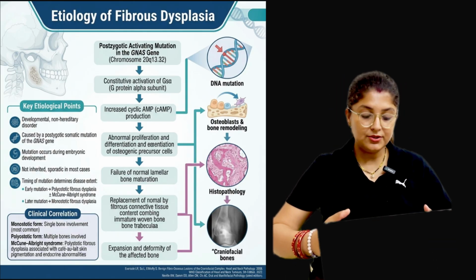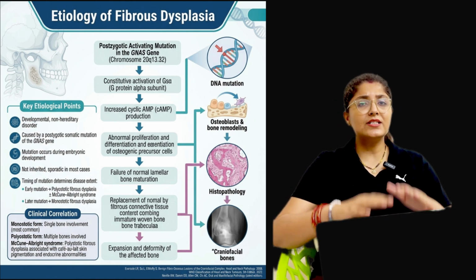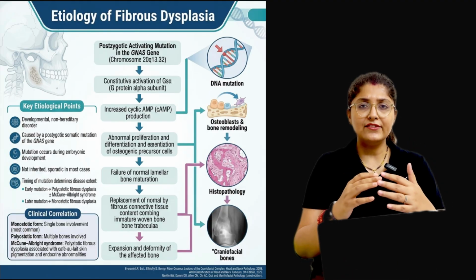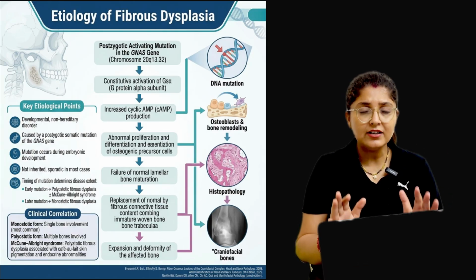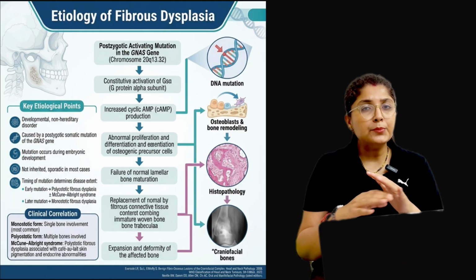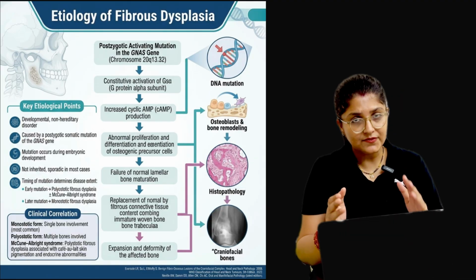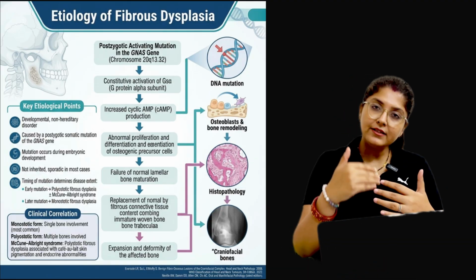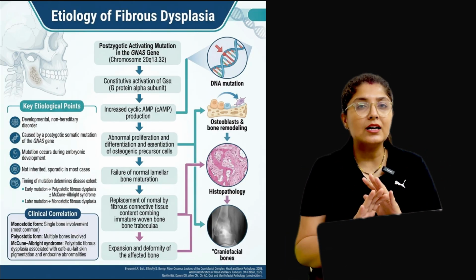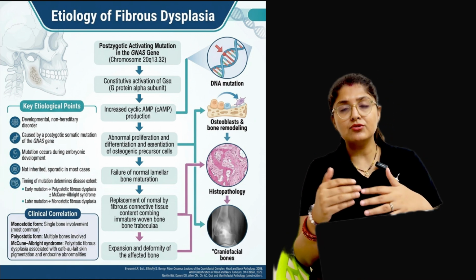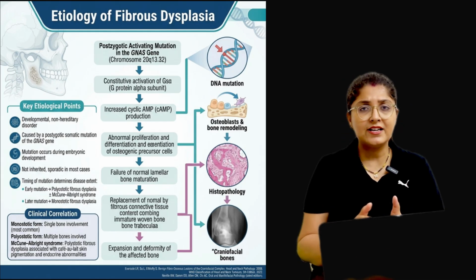And if the mutation occurs during postnatal life, then there will be monostotic fibrous dysplasia. All right, so it's very simple to understand. If you see this mutation in the early stages of embryonic life, then the result will be very severe, and that is going to include fibrous dysplasia in multiple bones with endocrinopathies and also skin pigmentations. Fine. Then if this mutation happens in the later stage of embryonic life, then only multiple bones are going to get involved, and endocrinopathies will not be as common. And finally, if the mutation occurs in postnatal life, then monostotic fibrous dysplasia is going to occur.